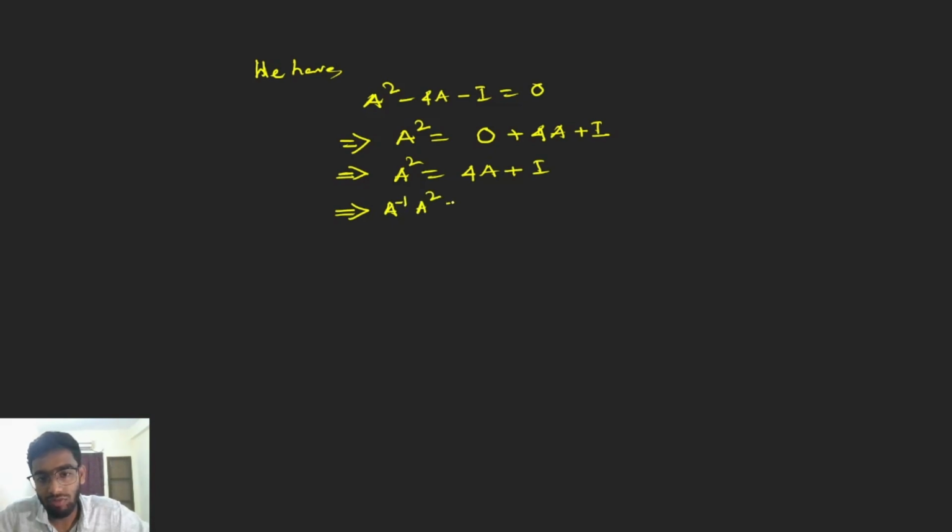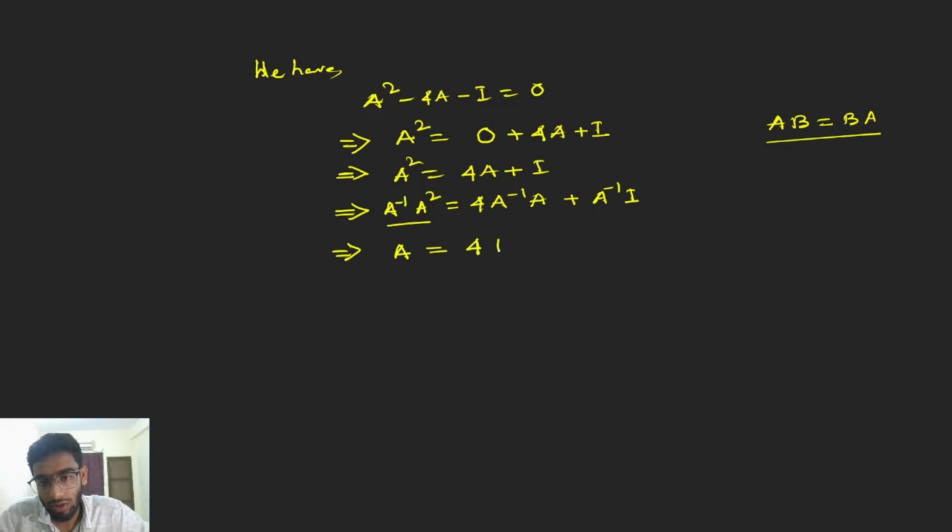In matrix multiplication, AB is not equal to BA, so since I am multiplying A inverse on the left side of A square on the left hand side, in that case also we should apply it on the left side of the right hand side. It will be A inverse I.